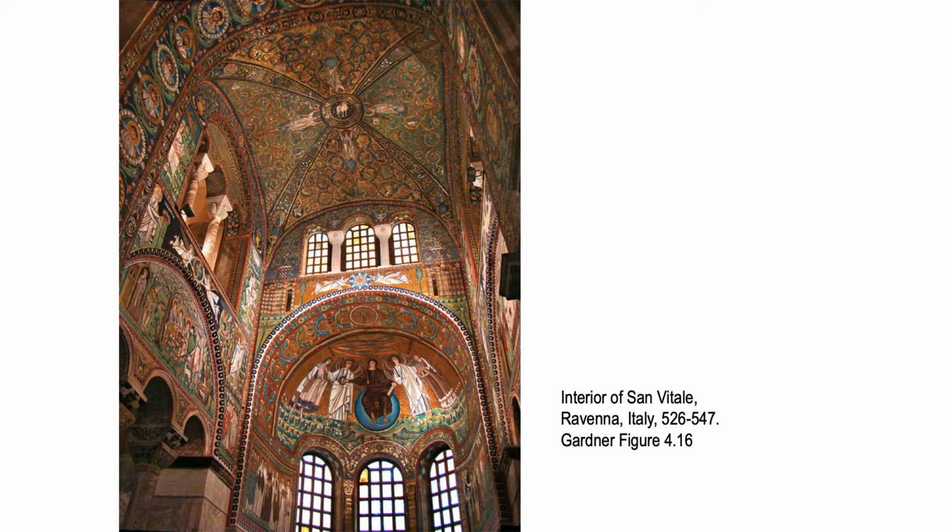There are rondelles. Those are those circular motifs that you see that decorate the inside of the barrel vault. Those rondelles are portraits of people who were important within the theology of the church.